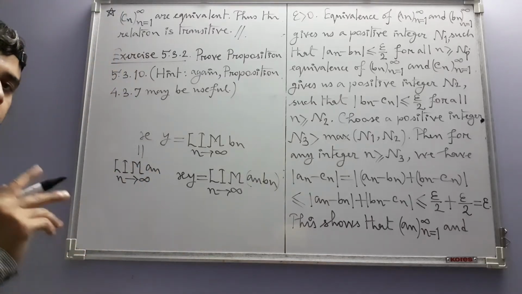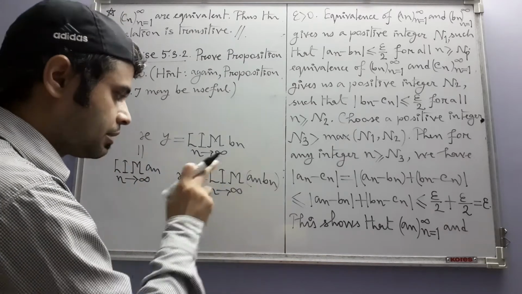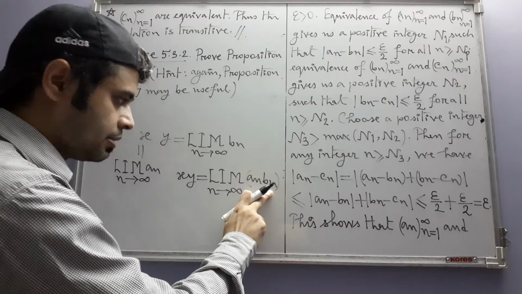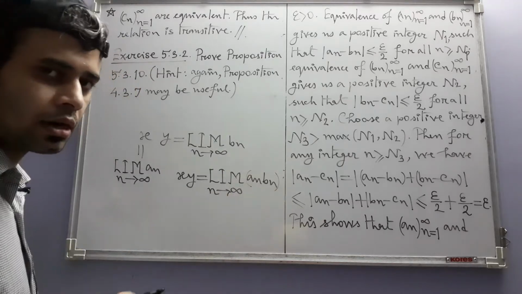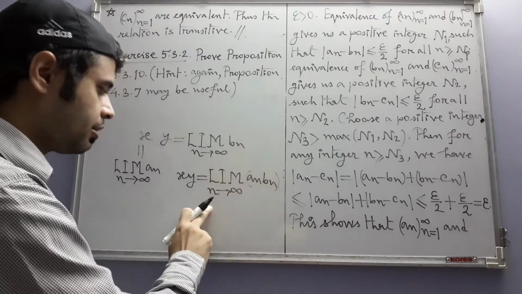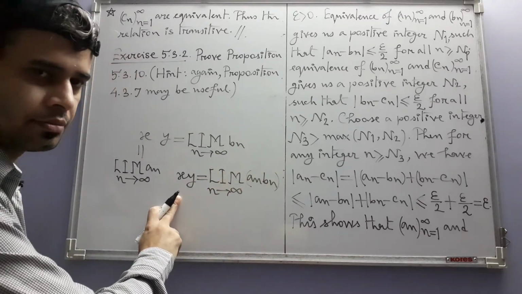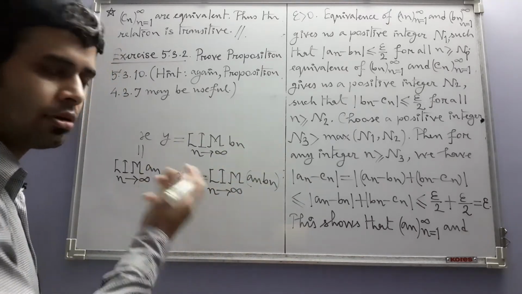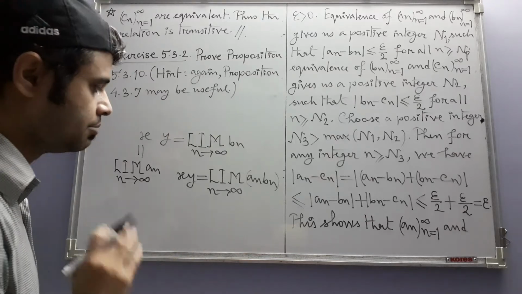So there are two things to prove here. The first thing is that we need to prove that the sequence given by these terms is a Cauchy sequence, so that its formal limit exists according to our definition of real numbers themselves.